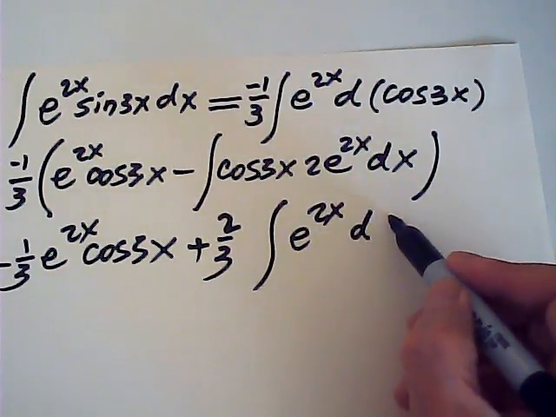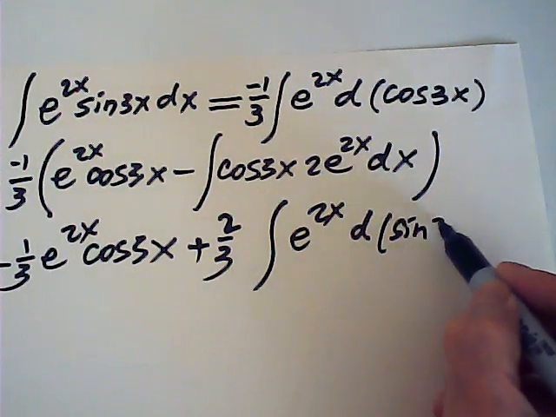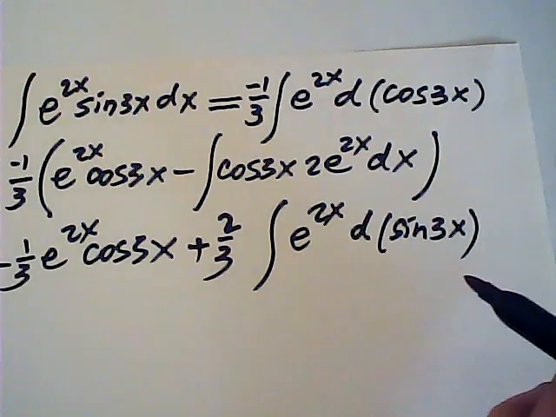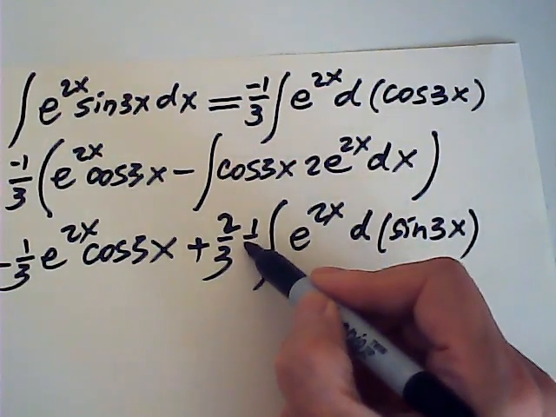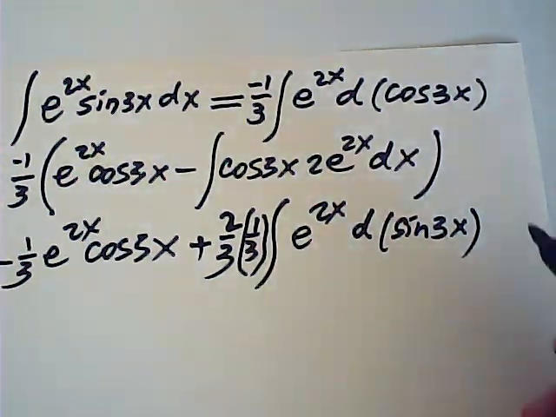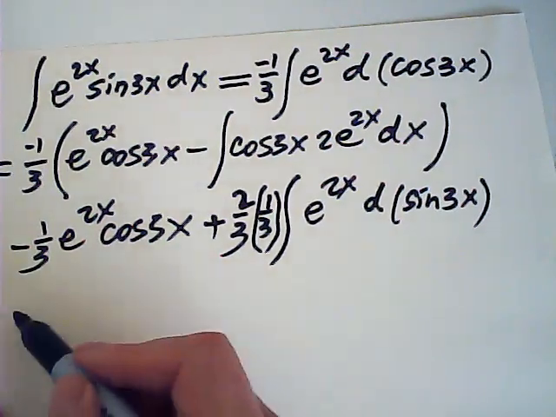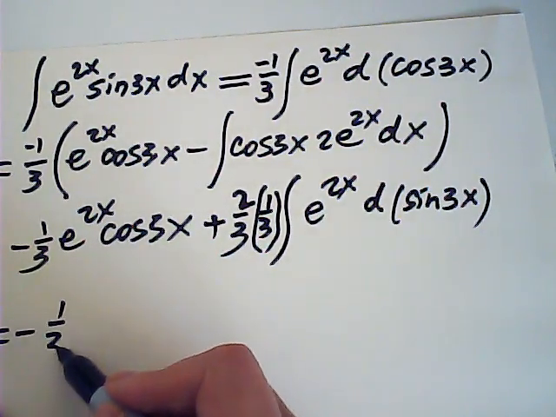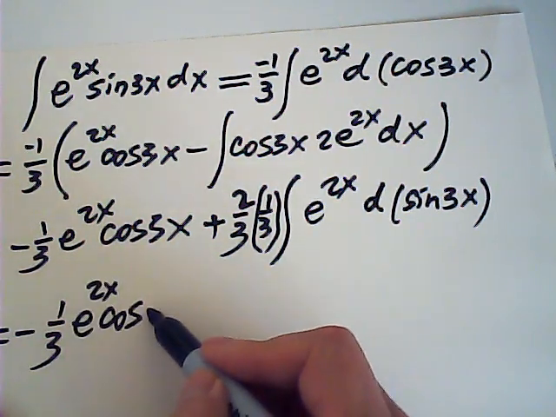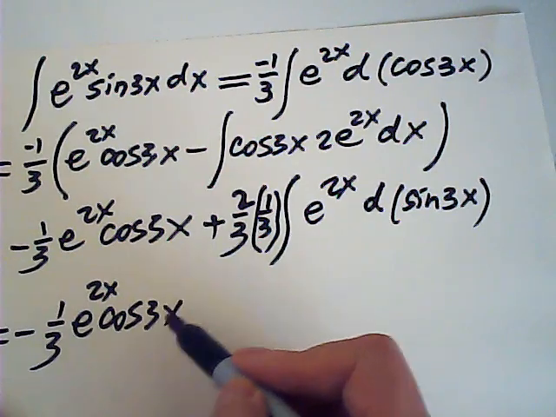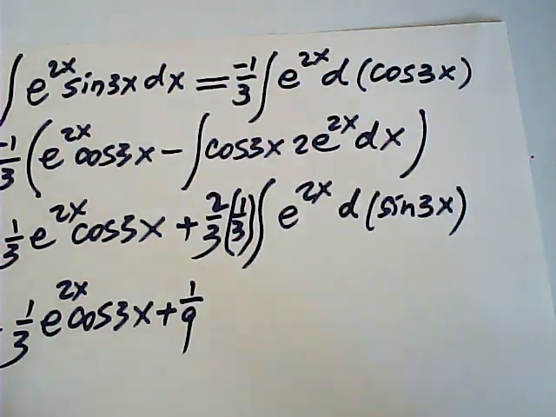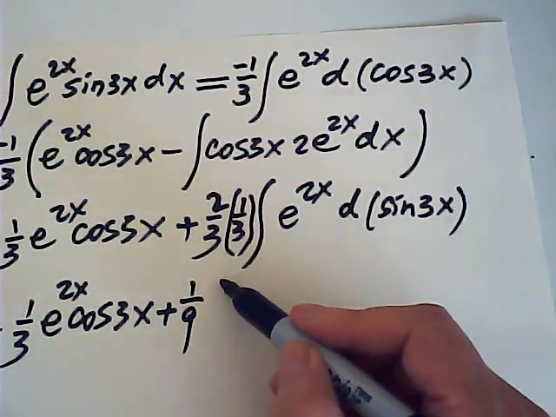I can write the derivative over sine 3x, right? So I multiply by 1/3 again. Then this one equals negative 1/3 e to the 2x cosine 3x plus 2/9.